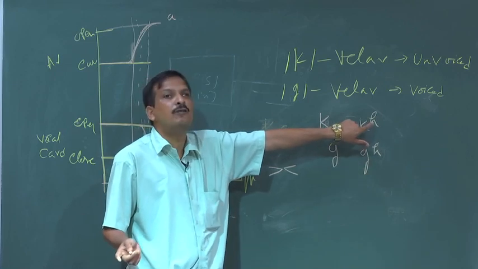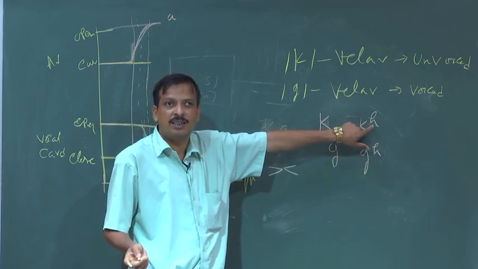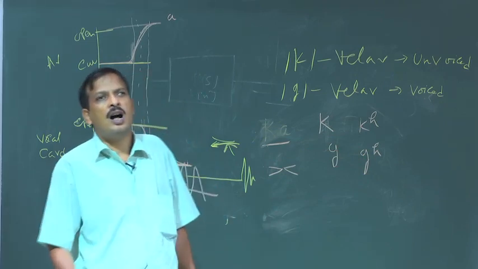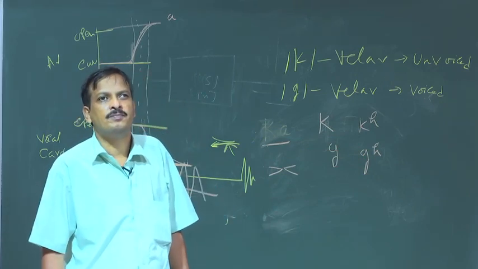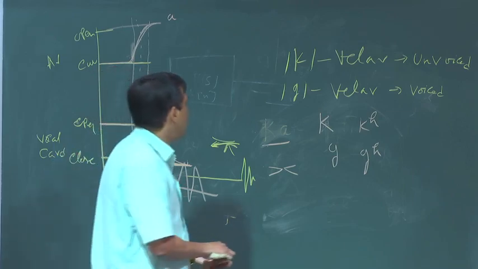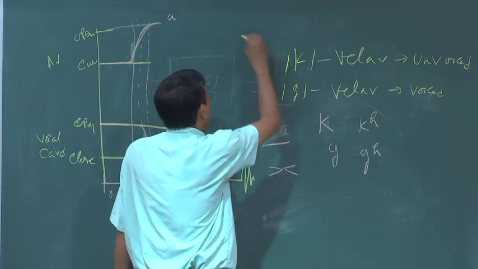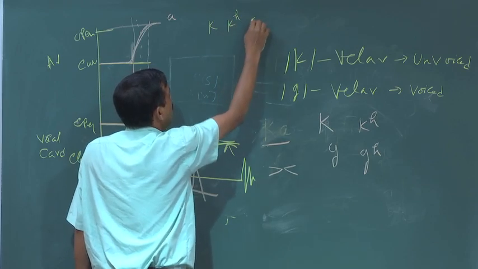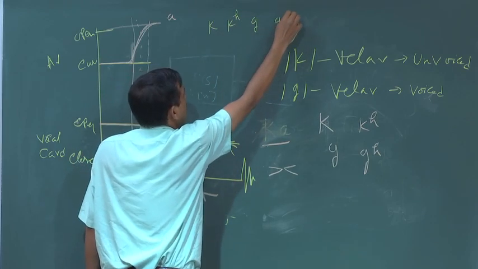If aspiration is voiced, then we call it voiced aspiration. If the aspiration is unvoiced, then we call it unvoiced aspiration. Okay. So, I have a velar sound with 4 varieties: ka, kha, ga and gha.